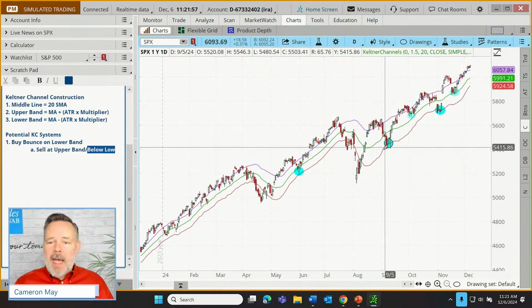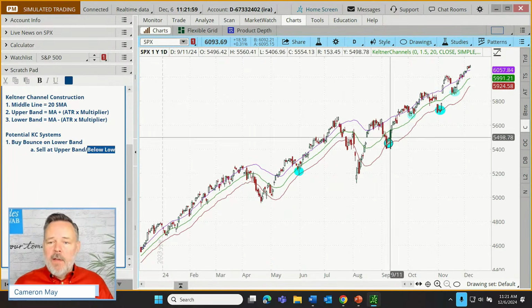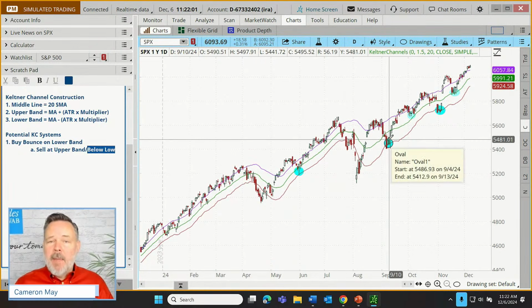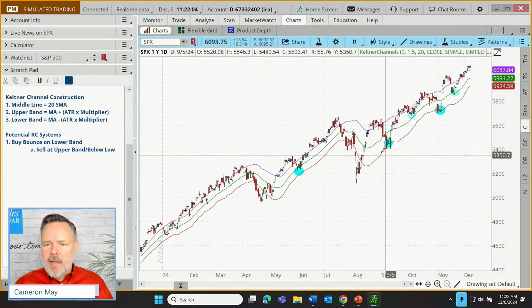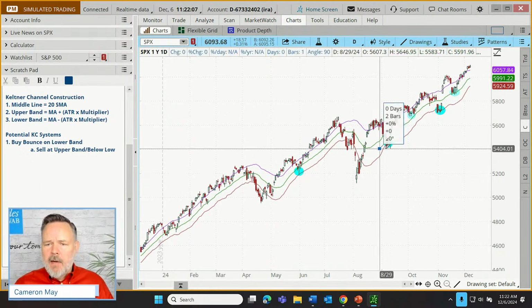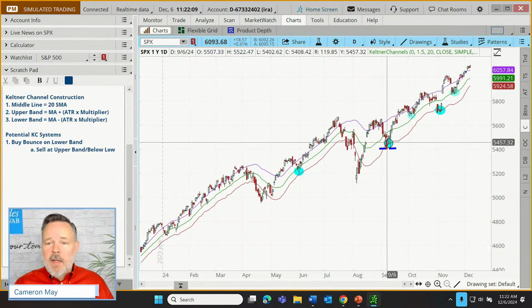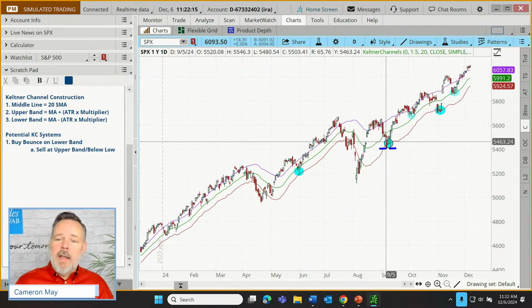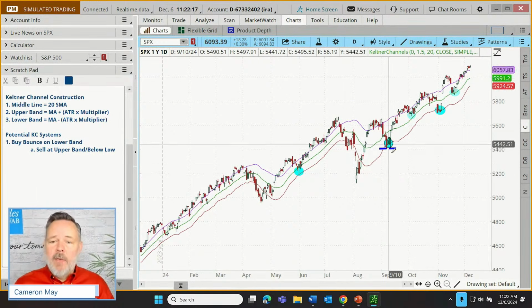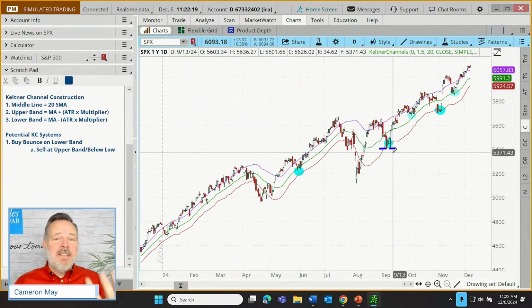Well, if it were to go back down below whatever the low was, as the stock bounced off that band. So, for example, in this case, here was a low. If it went just a little bit below that, maybe half a percentage point, maybe a percentage point, not a lot, but just down below that low, that may be a signal that this Keltner channel bounce isn't working out.